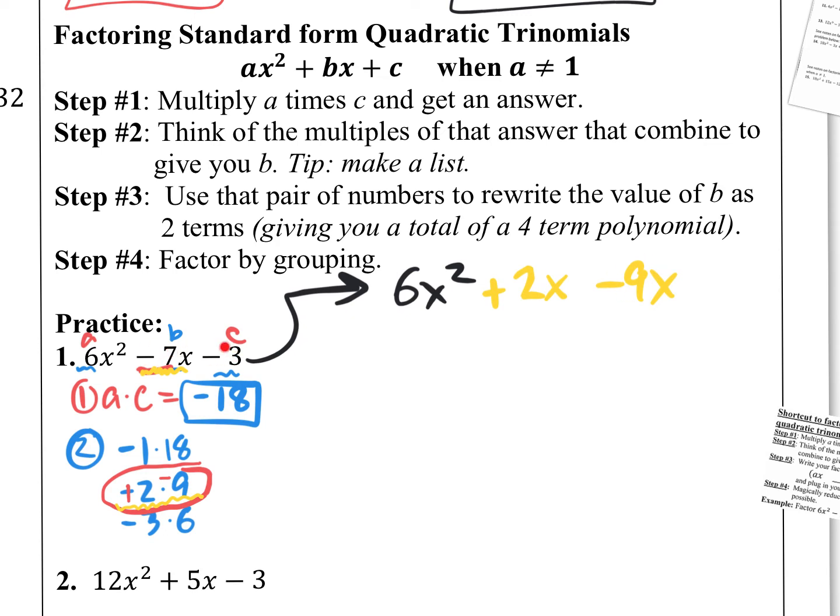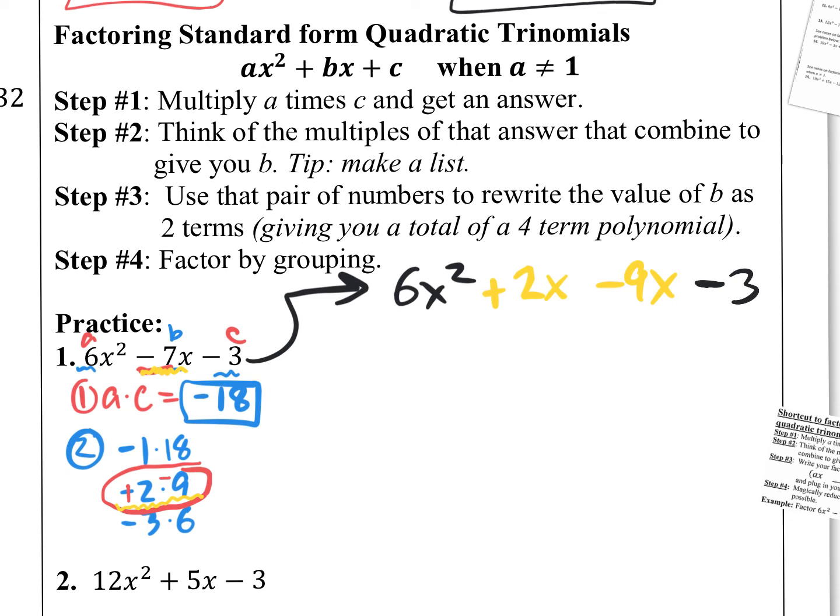And we still have the -3 as a c value at the very end. Why would I want 4 terms instead of 3 terms? So you could separate them by grouping and factor by grouping.